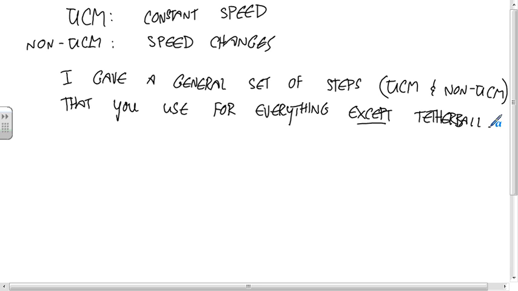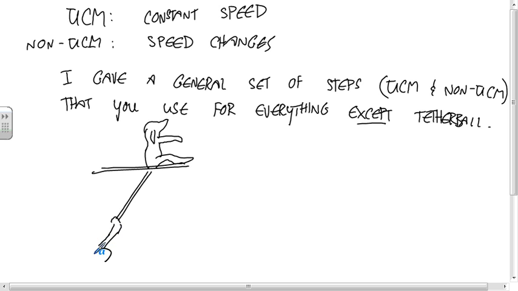So here's an example. Say you had a dog sitting here with its tail going through a hole, and a person swinging from the end of the tail.